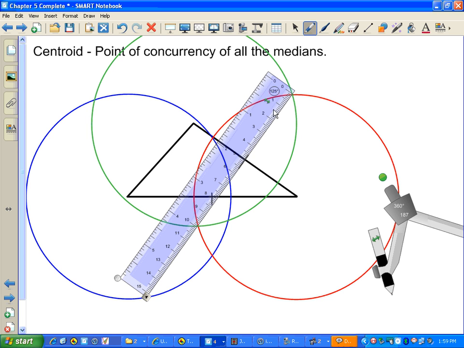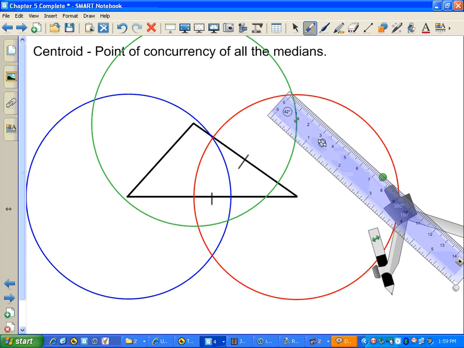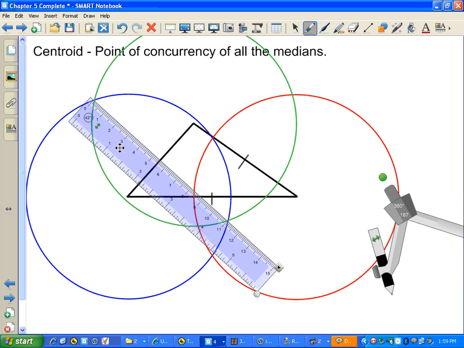And if I find the intersection of the blue and green, that will be our last midpoint. That's pretty close. No, I want it to be a little closer.